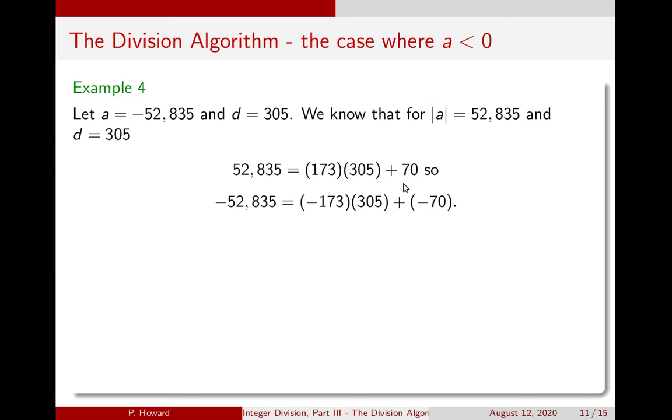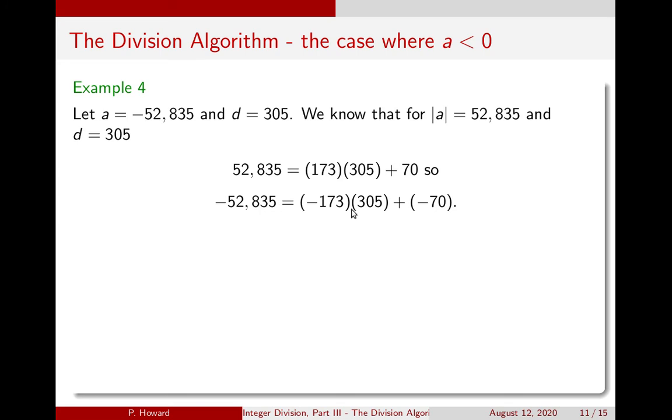Now, we're going to multiply both sides of this equation by minus 1. The idea is that we are interested in dividing minus 52,835 by 305. And if we multiply both sides by minus 1, we will have the value of a that we want on the left-hand side.